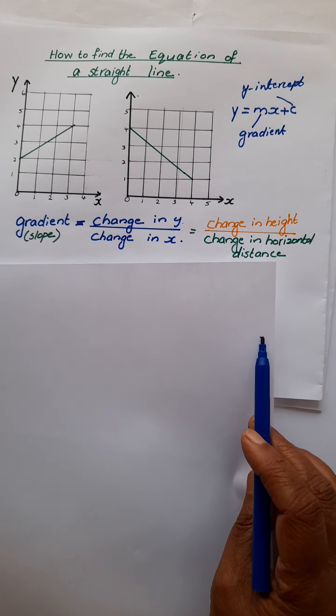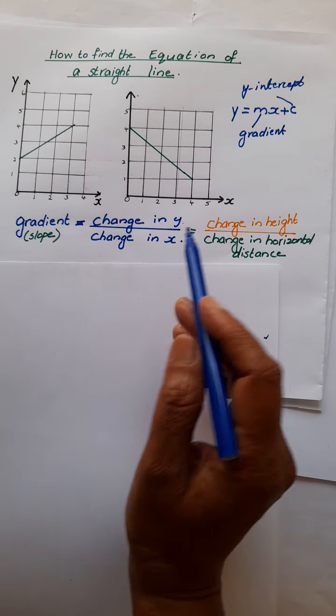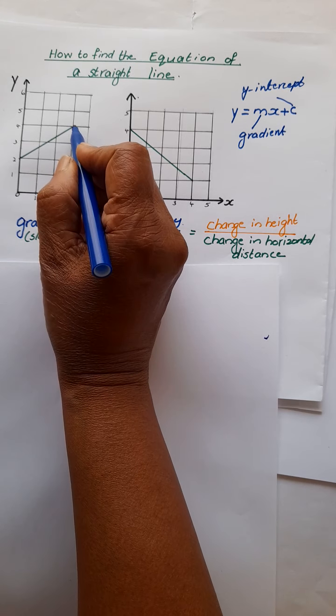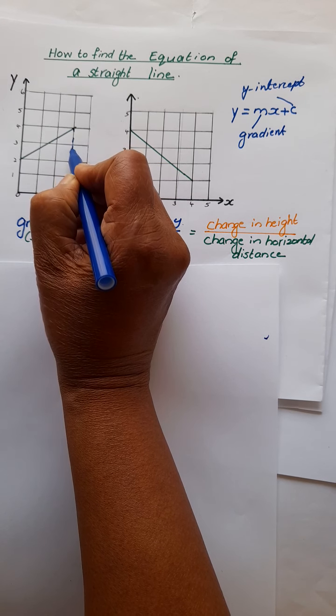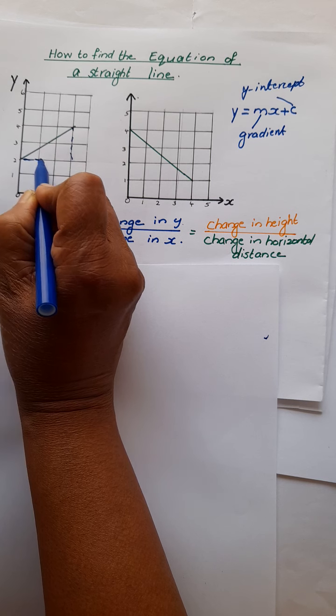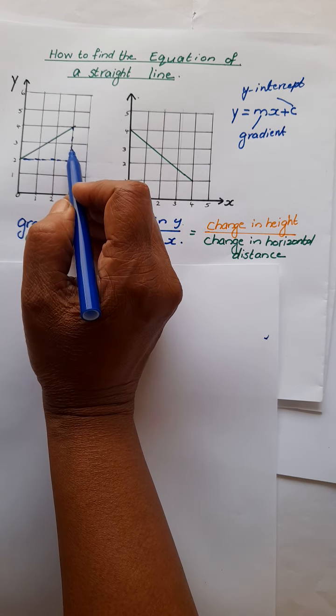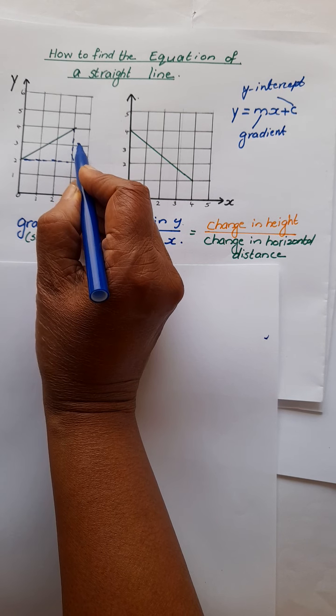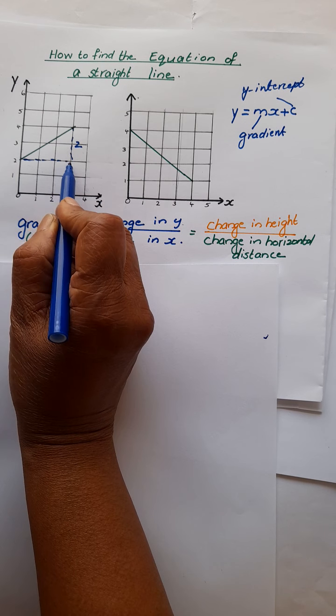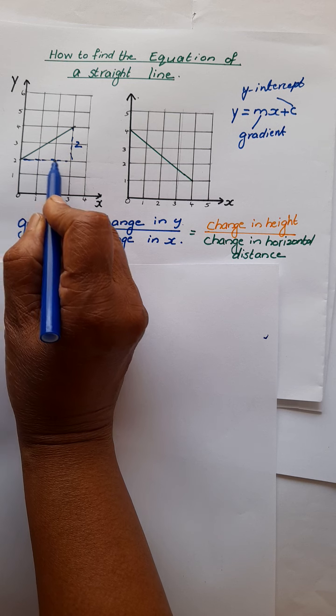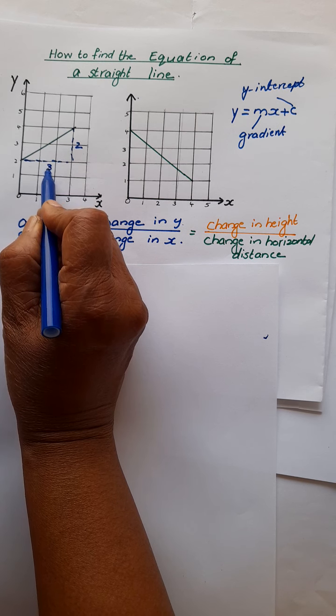Let's draw a triangle here. So the change in height is 2, and the change in horizontal distance is 1, 2, 3. So it's 3.